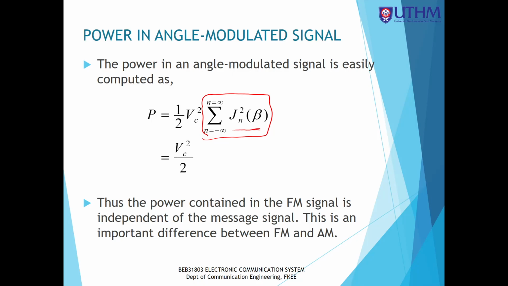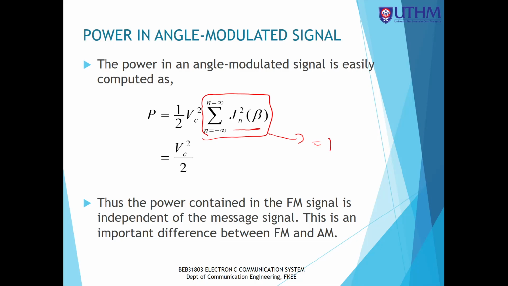According to the Bessel identity, the summation of Jn squared from minus infinity to infinity is equal to 1.